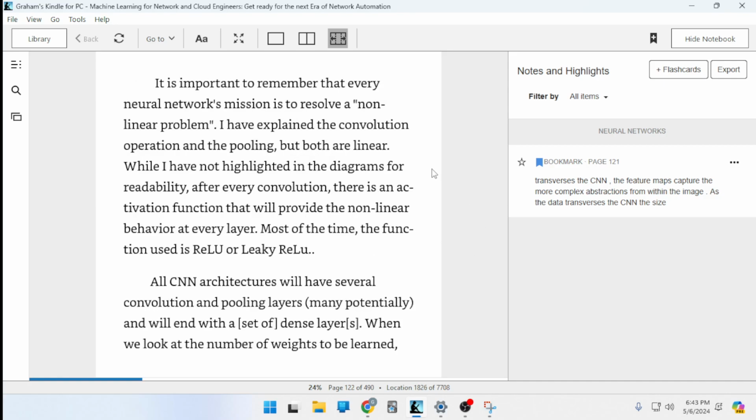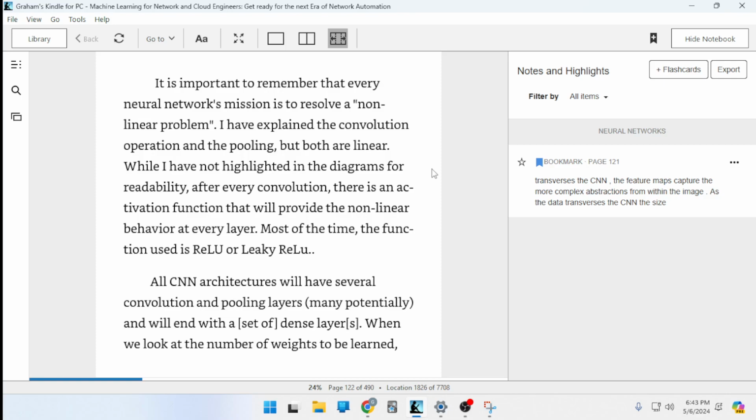It is important to remember that every neural network's mission is to resolve a non-linear problem. I have explained the convolution operation and the pooling, but both are linear. While I have not highlighted it in the diagrams for readability, after every convolution there is an activation function that will provide the nonlinear behavior at every layer.